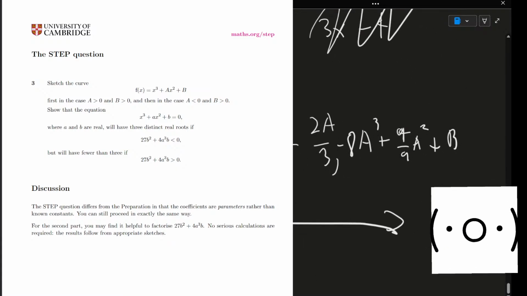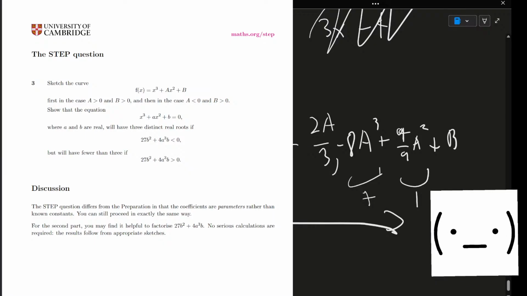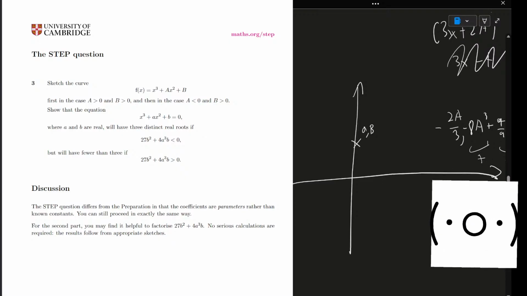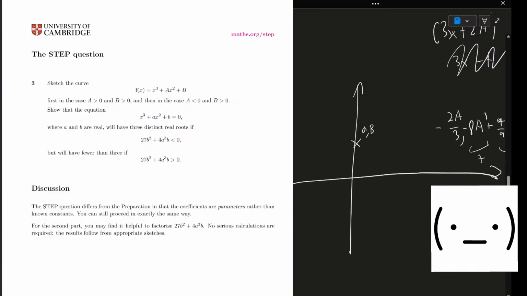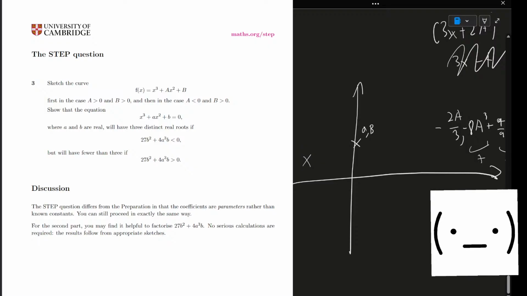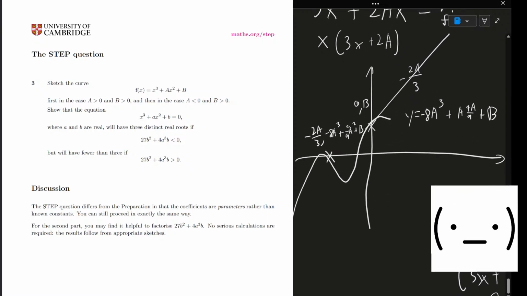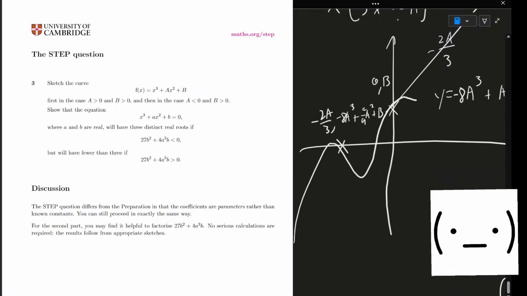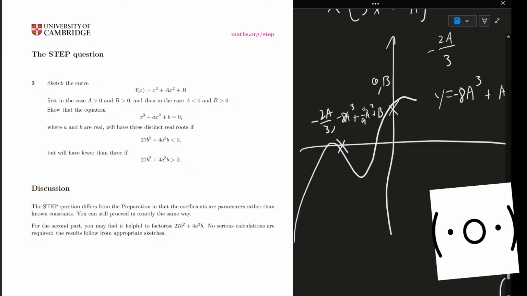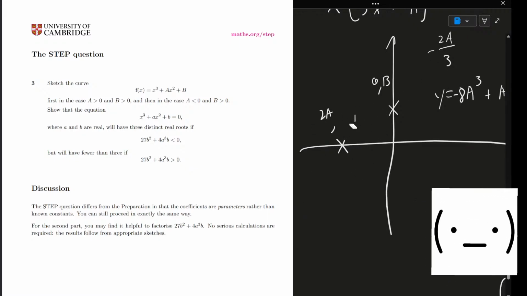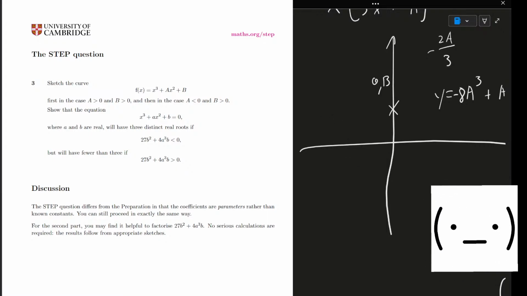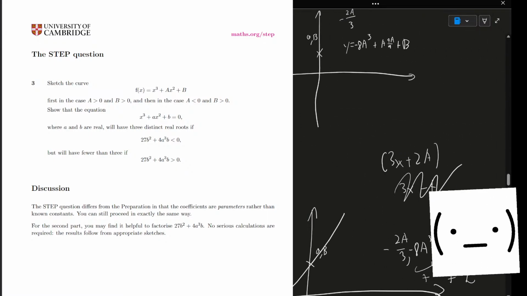Okay, so we know for sure if A is negative, then this is positive. This is positive. This is positive also. So that means that you go somewhere here. I guess because for the plot, you're gonna have to be negative. Although I will do a bit of experimenting, of course.